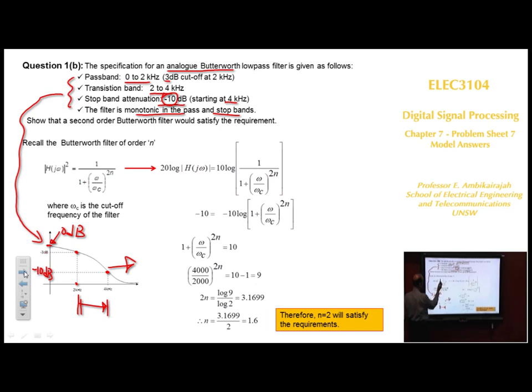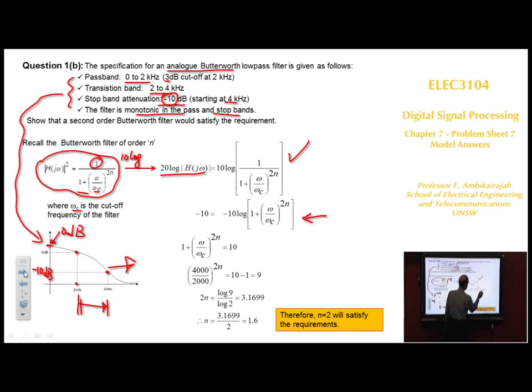So we start with the Butterworth filter, and omega c is the cutoff frequency. You divide the omega and have that one. Now what you do is you take 10 log on both sides. When you do that, 2 comes at the front, so it will be 20 log H omega, which is equal to 10 log of 1, which is 0, minus this 10 log term.